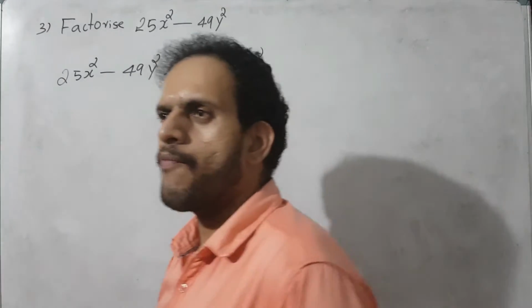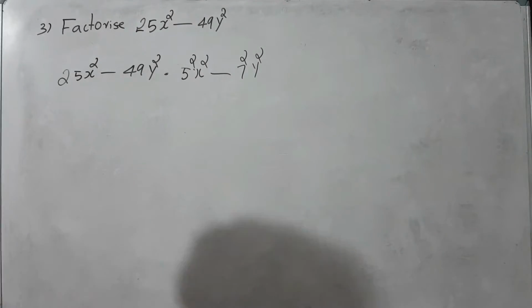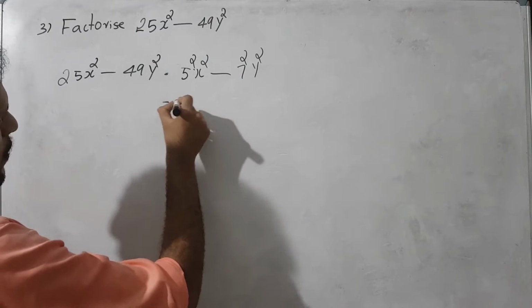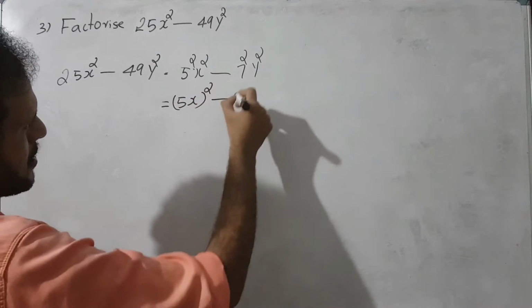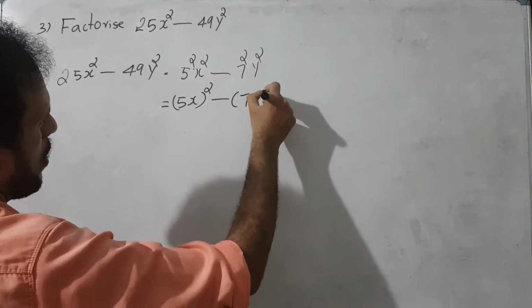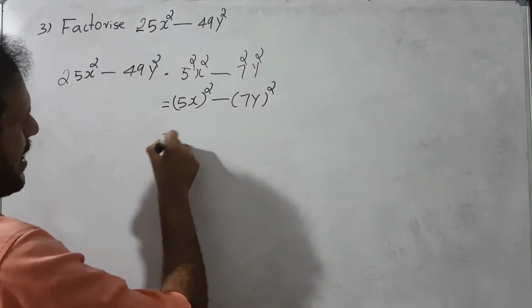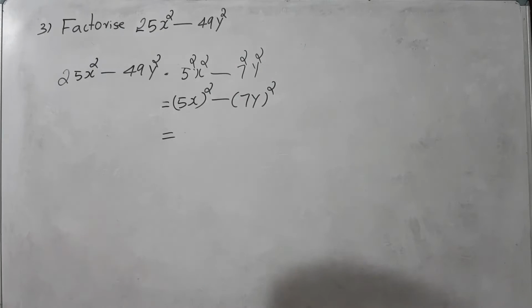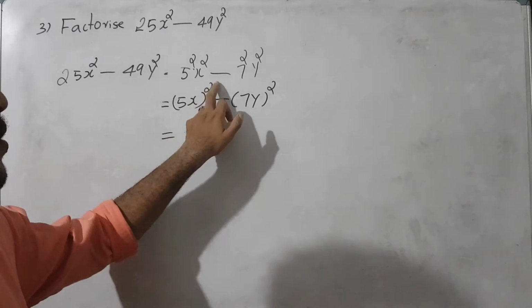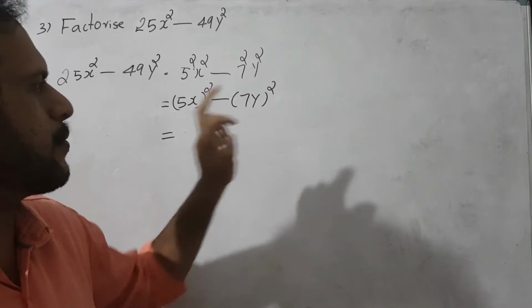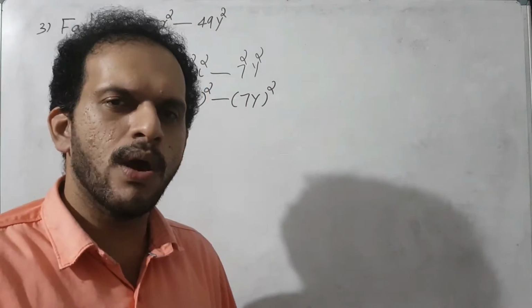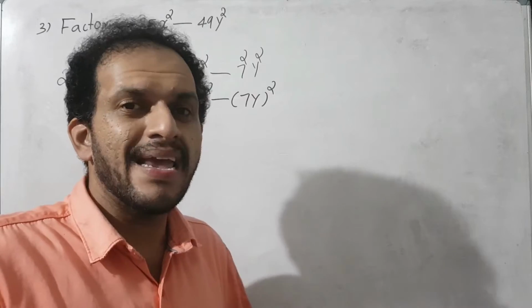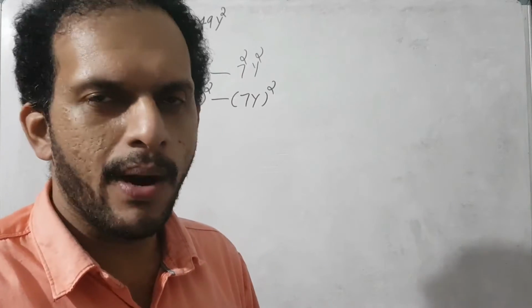Then how to write next? It is equal to 5x whole square minus 7y whole square. Now this is very clear in the form of a square minus b square. What is a square minus b square? A square minus b square is equal to a plus b into a minus b.